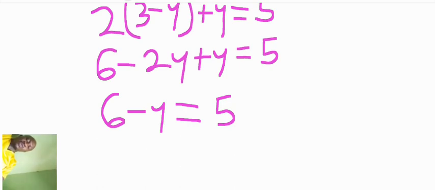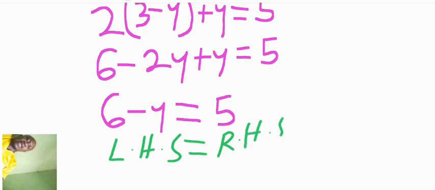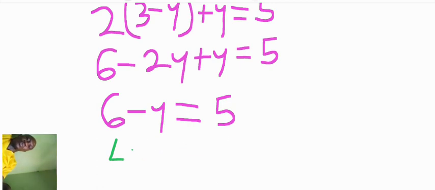But because this is an equation, whatever I do to the left hand side, you are going to do the same thing to the right hand side, so that the equation will balance. So it means that we are subtracting 6 from both sides of the equation, or we are adding the additive inverse of 6 to both sides of the equation.